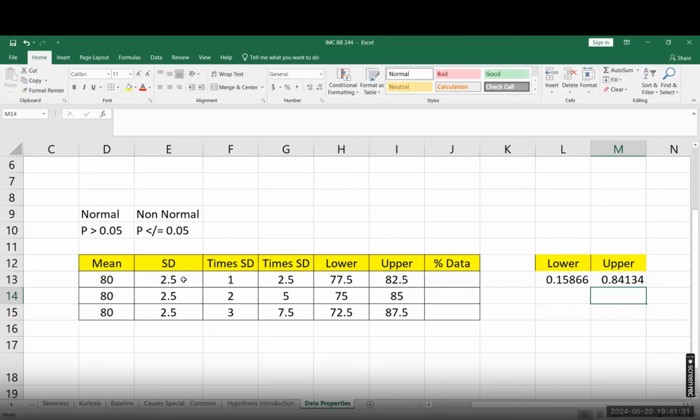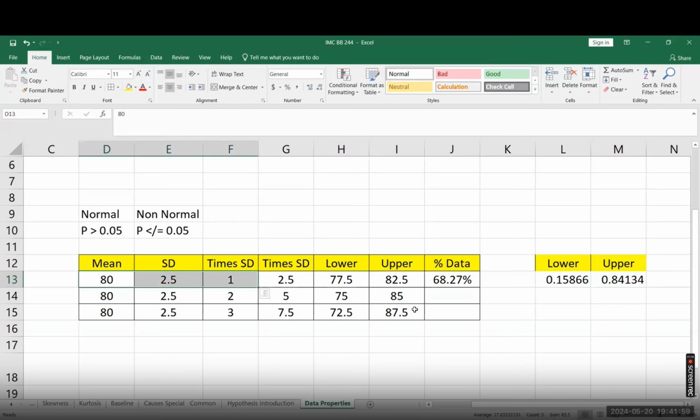And the difference of these two values, this minus this, is 68.27%. So it says approximately 68.27% of data should fall within plus or minus 1 standard deviation from the mean.